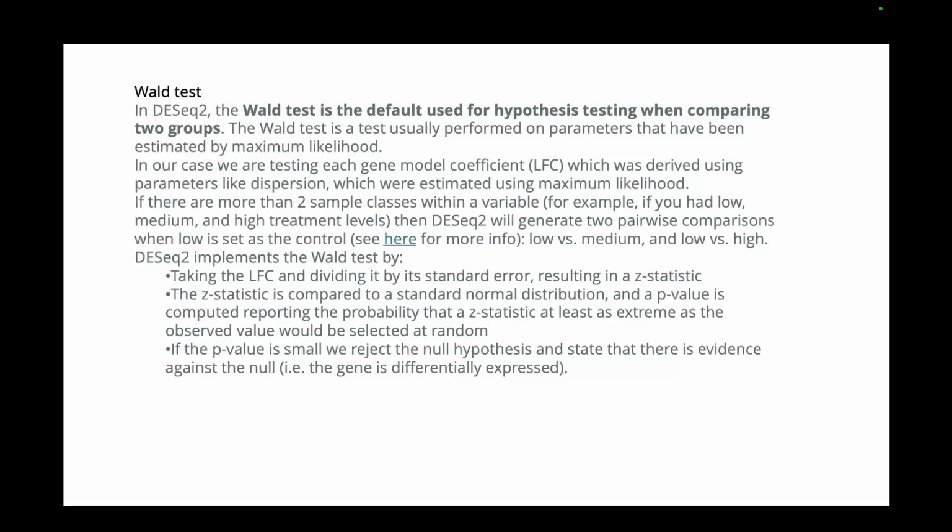You get the z scores, you plot the distribution of the z scores, and then you compare this z score distribution with a standard normal distribution, and you compute the p-values, which is basically the probability that the z statistic, at least as extreme as the observed value, would be selected at random.